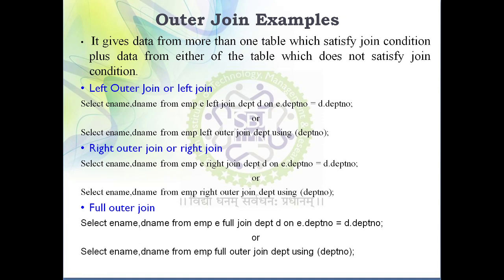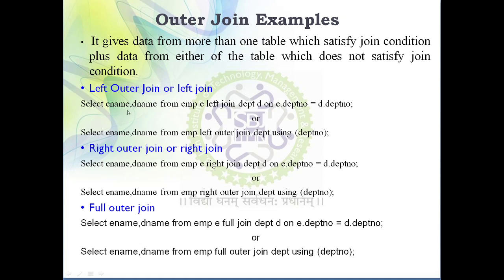Suppose, in order to understand the concept of outer join, we are going to consider two tables: an employee table and a department table. The employee table consists of employee information and the department table consists of department information. My problem statement is again the same: I want to display the employee name along with the department name.